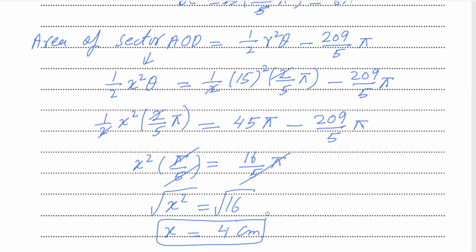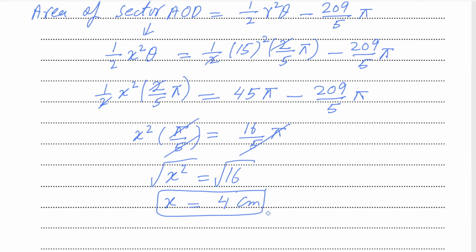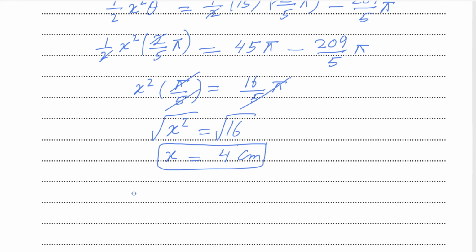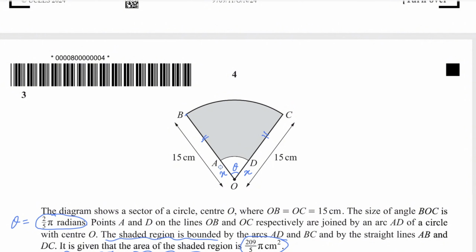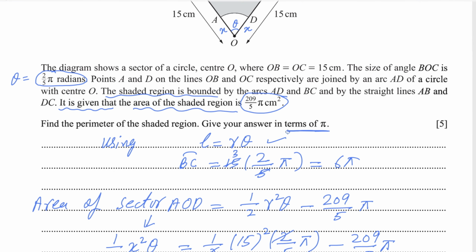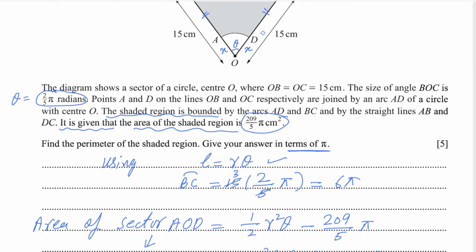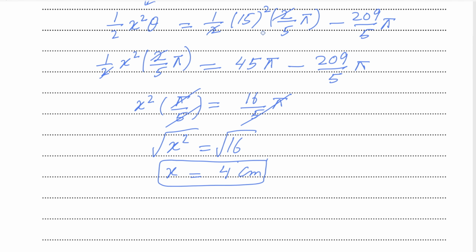After finding the radius of the small sector, we can find the arc length AD using the same formula. Arc AD equals x theta, where x is 4 and theta is 2 over 5 pi. So this arc length is 8 over 5 pi.